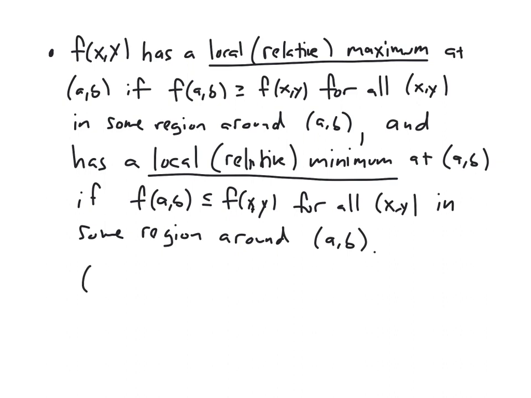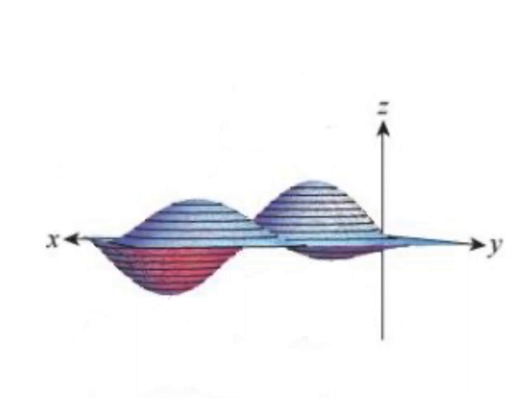And again, grouping together, we call these the local extrema. And so if we're looking for the local extrema, we want all of the local minimums and maximums around this domain D. So here we have a graph of a surface, some function f of x, y.